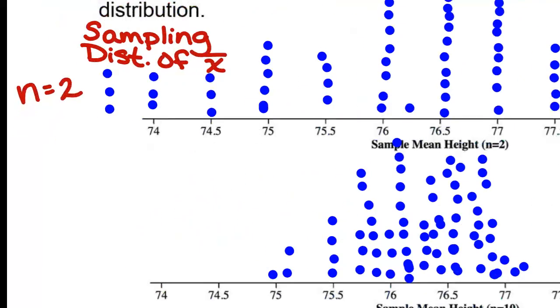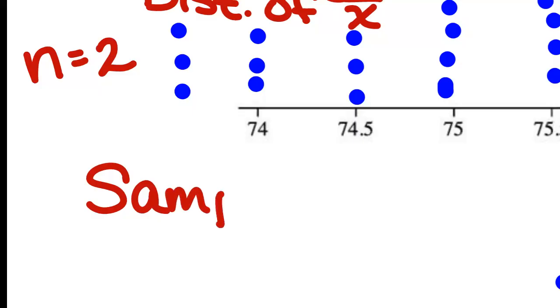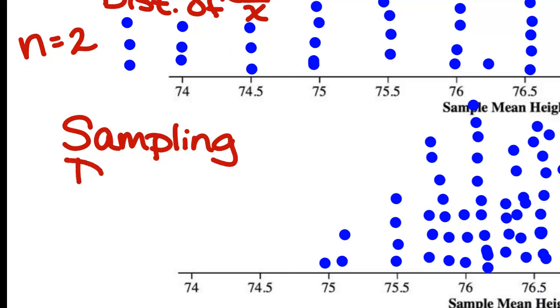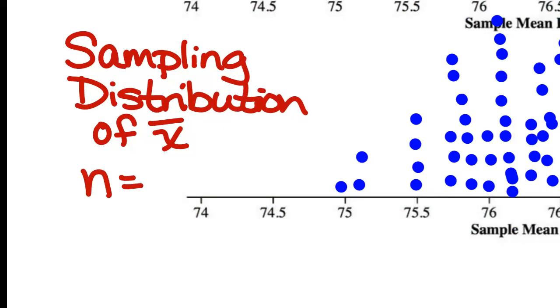Let's go ahead and write down what we have here. We have another sampling distribution of x bar, this time n equals 10.